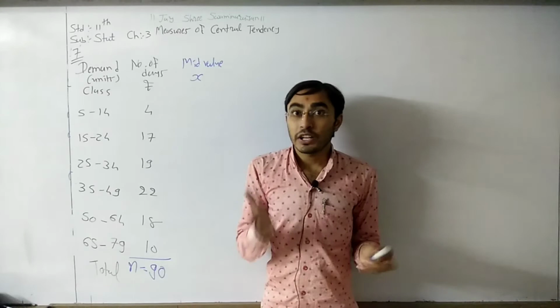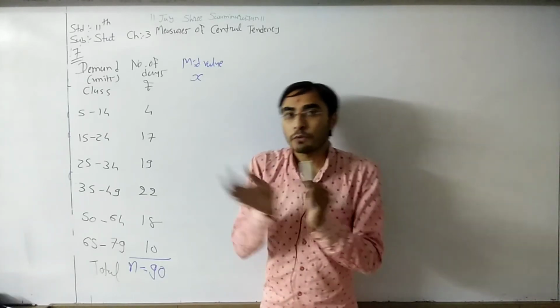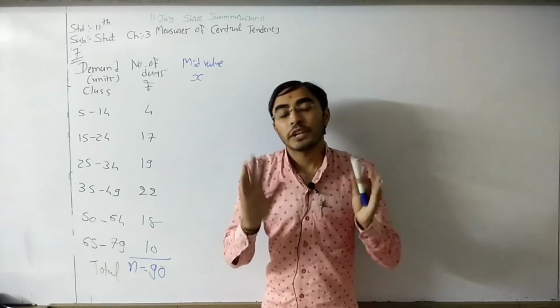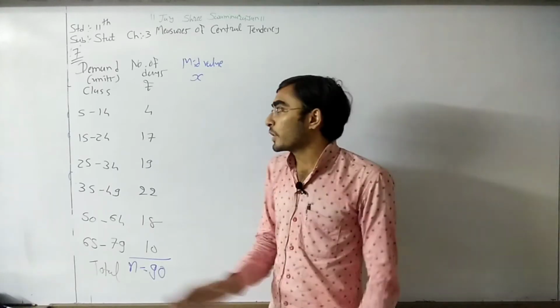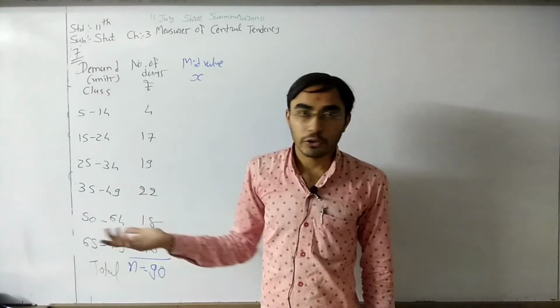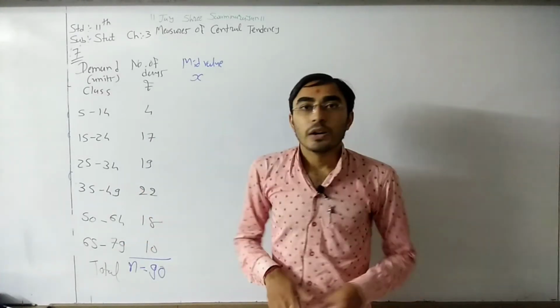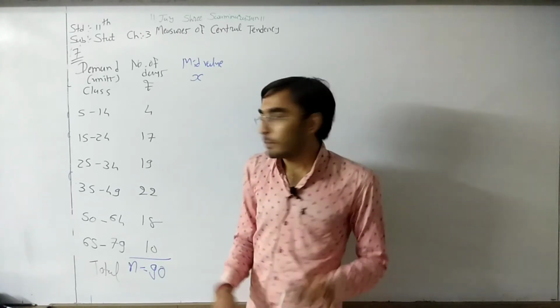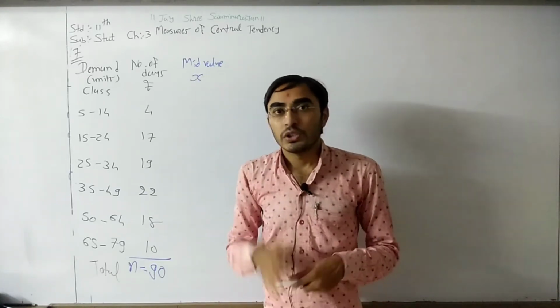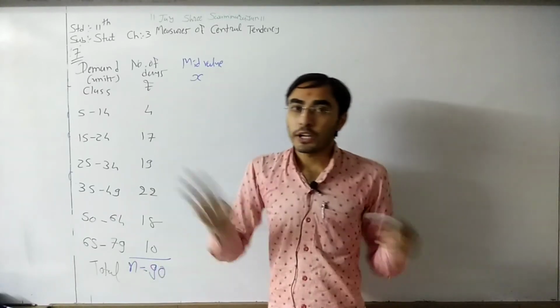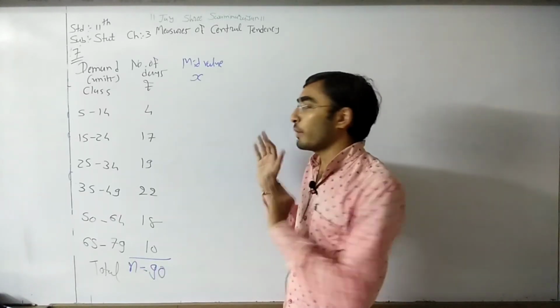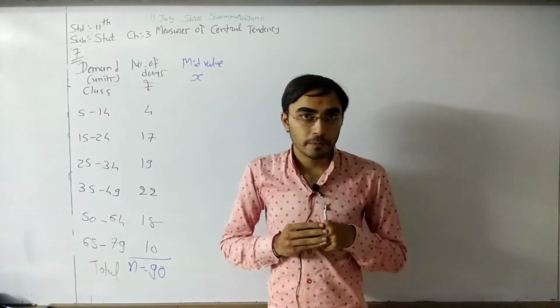In standard 10 we convert from inclusive to exclusive, after that we find the mean, but we can directly find the mean too. Because here we need to find the mid value, and the mid value of inclusive or exclusive class is the same. That's why we get the same answer in both methods.